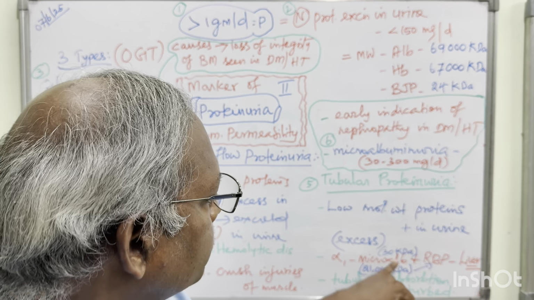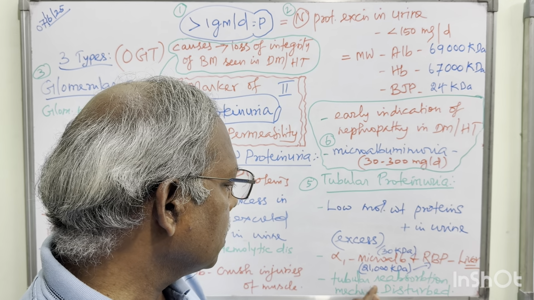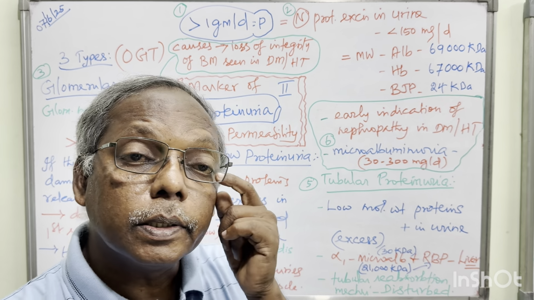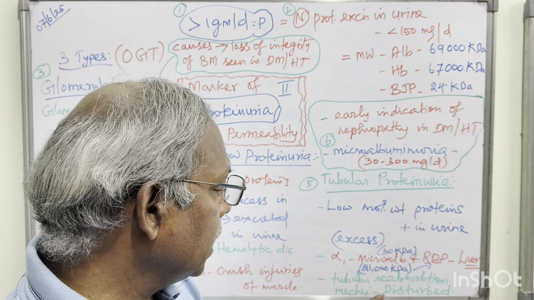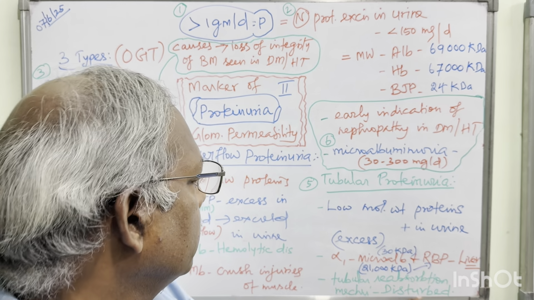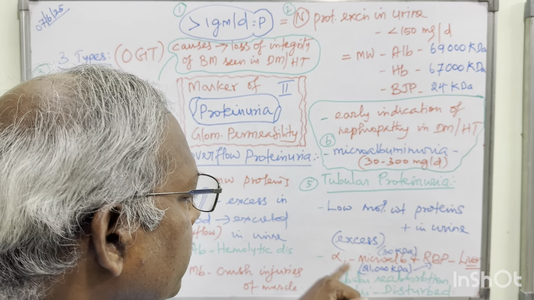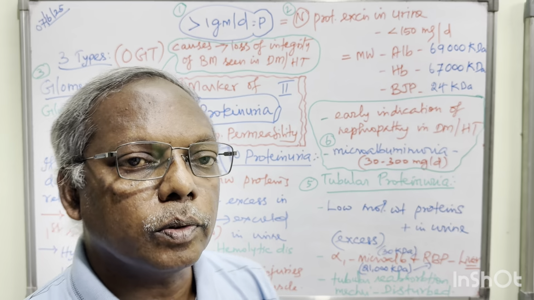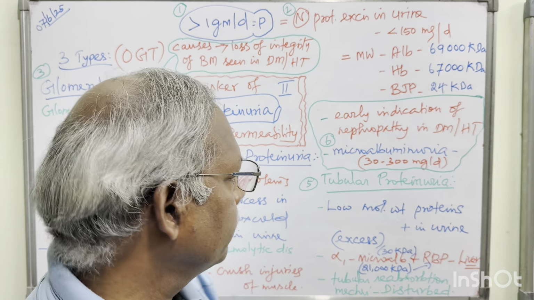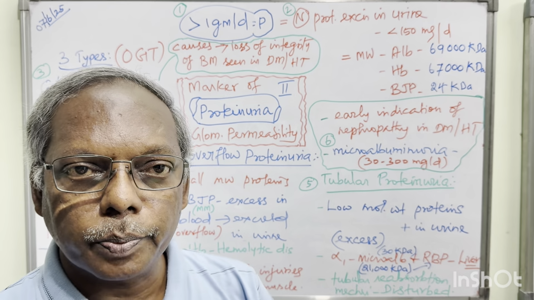Okay, so next one, here the problem is that tubules are not able to reabsorb properly. So the tubular mechanism is affected and disturbed. So retinol binding protein and alpha 1 microglobulin will get excreted in the urine. This is not microalbumin, it is alpha 1 microglobulin, right? So this is the last type of tubular proteinuria.